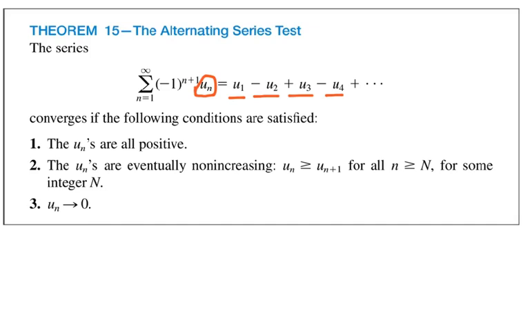First, we need to show that all of the terms individually, before we apply that alternating negative one value, u sub 1, u sub 2, u sub 3, are positive. Second, we need to show that the u sub n's are eventually non-increasing.